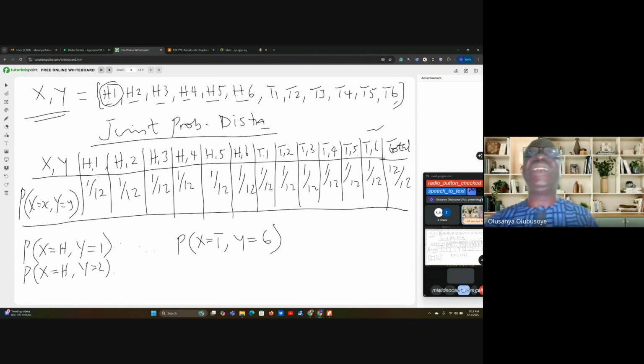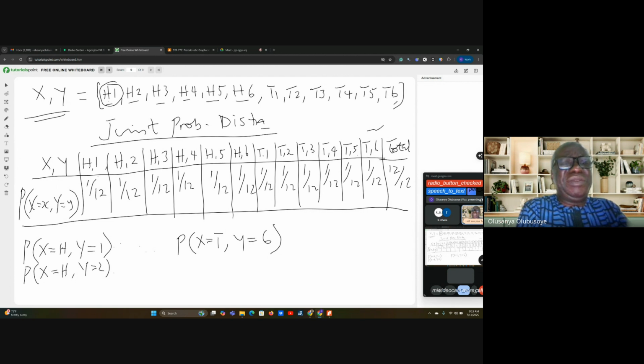So we have a joint probability distribution. The interesting thing again is that for each joint probability, the probability lies between 0 and 1. It's not negative and it's not greater than 1. So you see how the joint probability distribution is constructed.